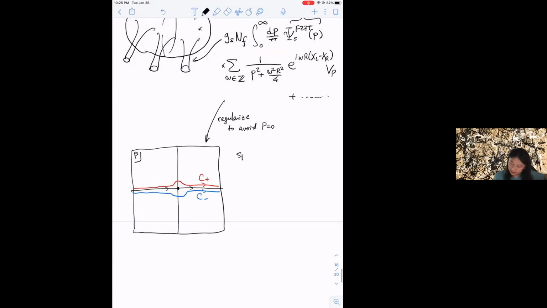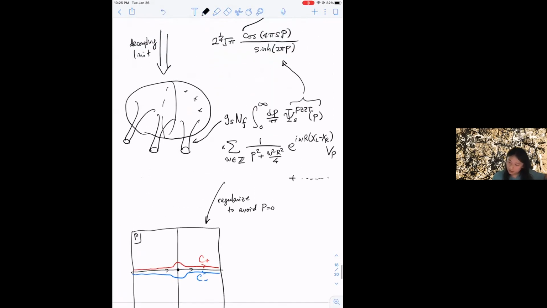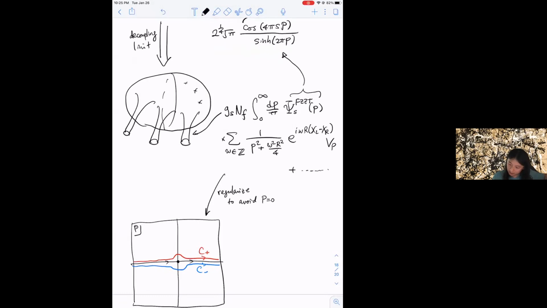So we're going to split. Let me write here this psi S FZT P, which is proportional to cosine of 4 pi S P over sinh 2 pi P. We can rewrite this as e to the 4 pi i S P plus e to the minus 4 pi i S P. We're going to integrate this one along the contour C plus and this one along contour C minus.